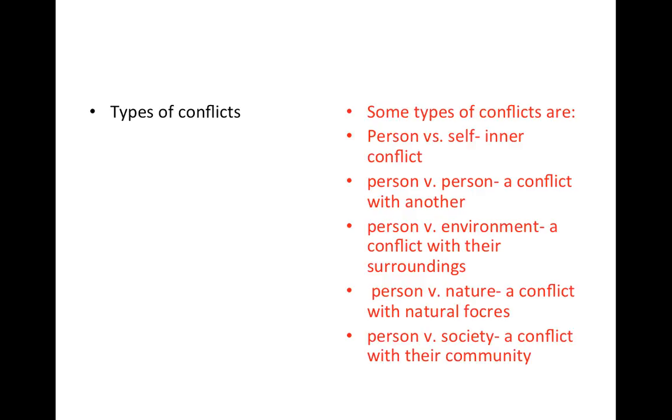A person versus self conflict is an internal conflict, where the character has some sort of internal battle that they are fighting. A person versus person conflict is when a character is fighting or has a problem with another character. A person versus environment is when there is a conflict with their surroundings.